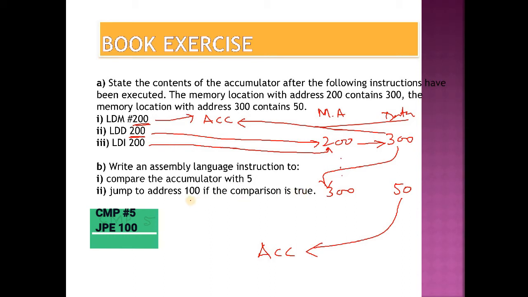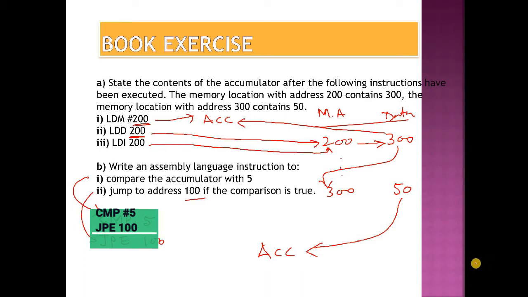So here we will use JPE. This instruction has been given in your book. Jump if equal. Where does it have to jump? To location number 100. So this is for this one and this is for this one, right?